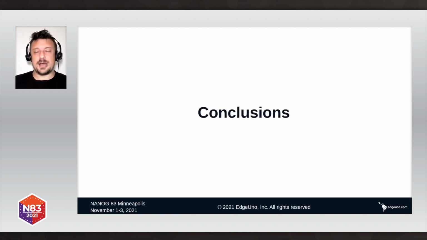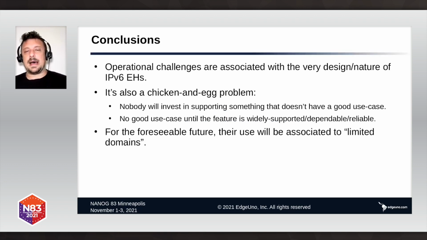So, conclusions about the materials that we have covered so far. Essentially, there are a number of challenges associated with IPv6 extension headers, and many of them, if not most or all of them, are associated with the very design and nature of IPv6 extension headers.